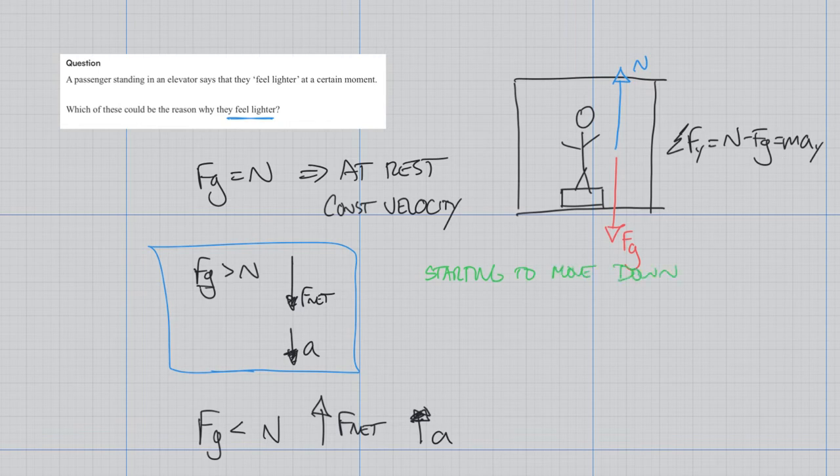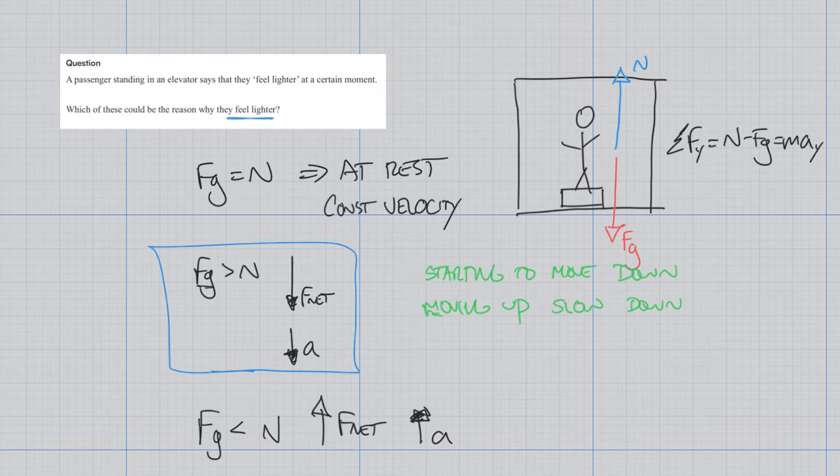That would be one instance where the acceleration is in the downward direction. We'd go from at rest to moving downwards, so we'd have to have an acceleration downwards. Or the person could be moving upwards but slowing down. Both of those instances give a sensation of feeling lighter.